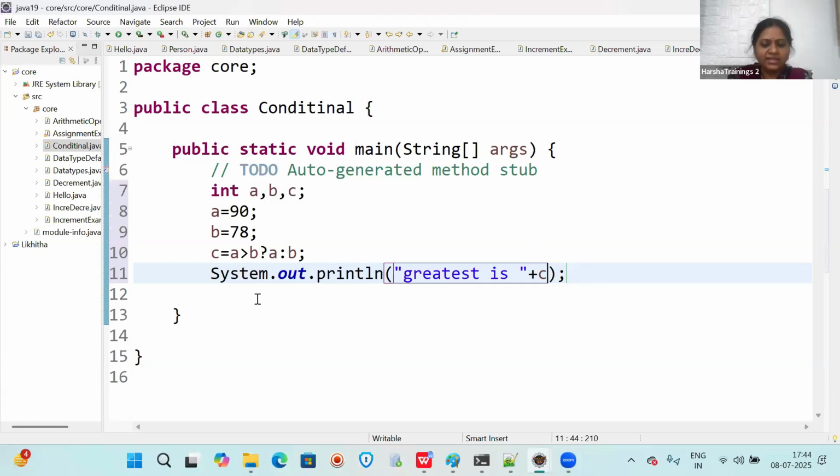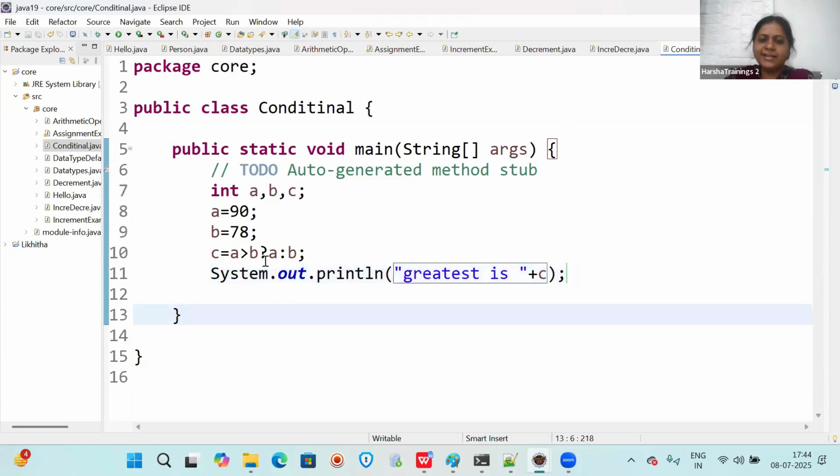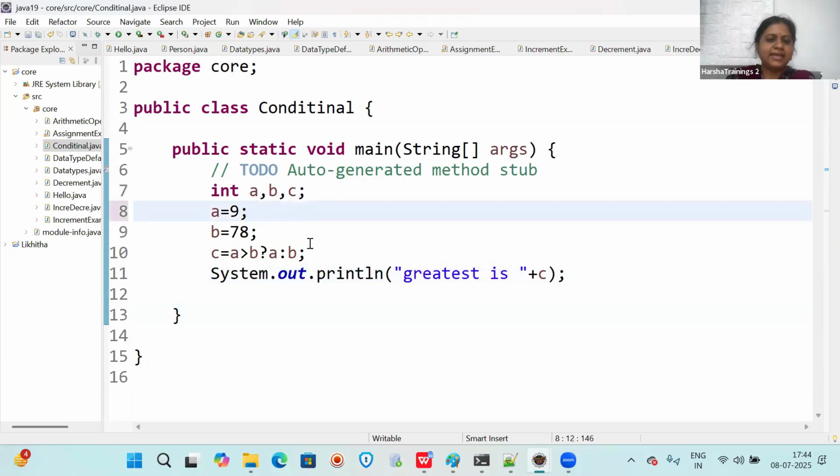Now if I run this example, you can see the output. Greatest is how much? 90. What is the greatest value? 90. Clear, everyone? So based upon the condition, the true value is taken. Suppose here the value of a is 9.